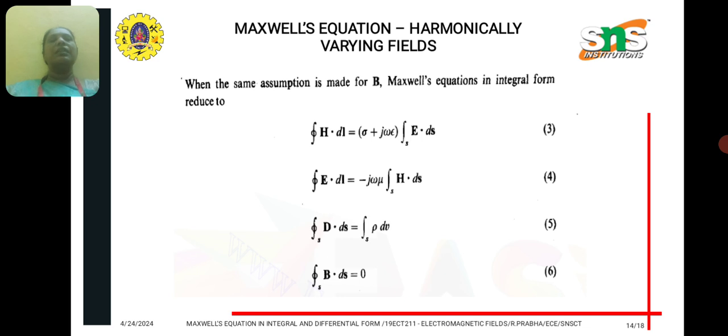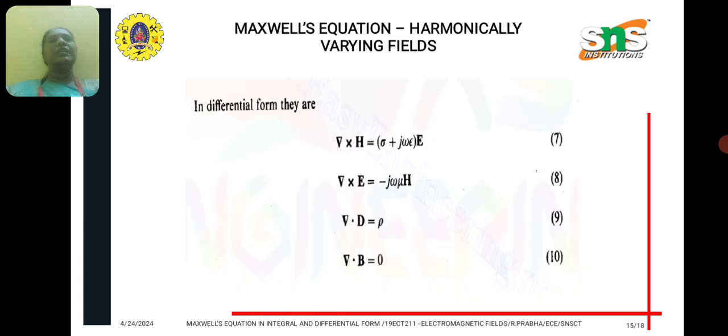This is the integral form for harmonically varying fields. And Maxwell's equations in differential form for harmonically varying fields are: del cross H is equal to (sigma plus j omega epsilon) E, del cross E is equal to minus j omega mu H, del dot D is equal to rho, and del dot B is equal to 0.